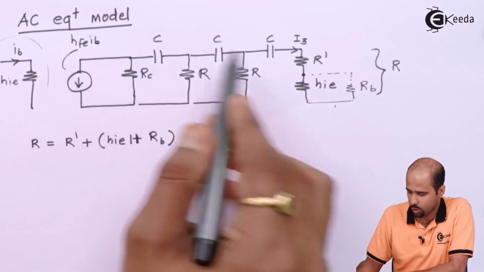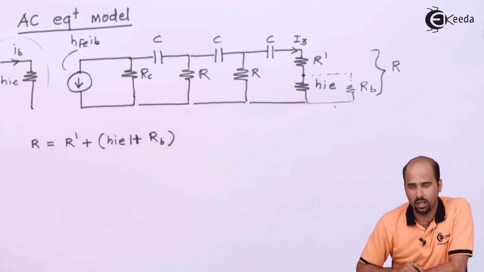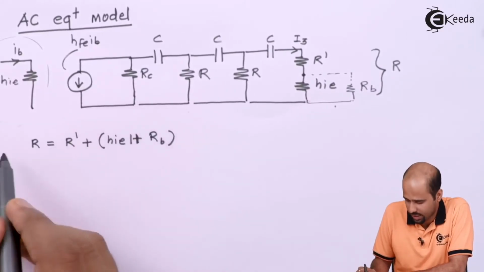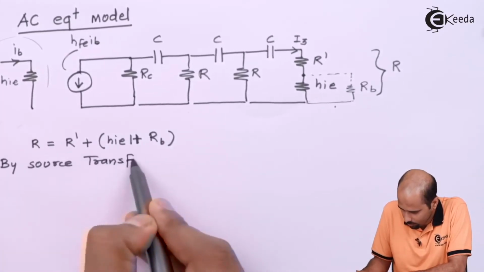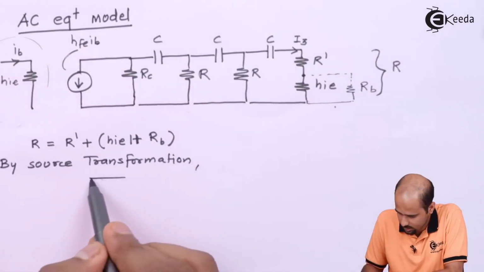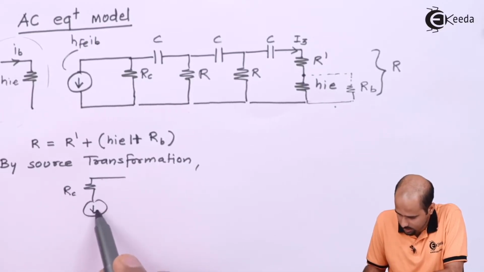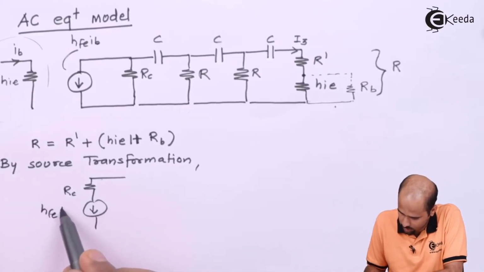Whatever we have got over here is 4 loops, right? If I want to reduce these 4 loops into 3 loops, what can I do? I can do source transformation. This is resistance RC, and this is the value HFE IB into RC.